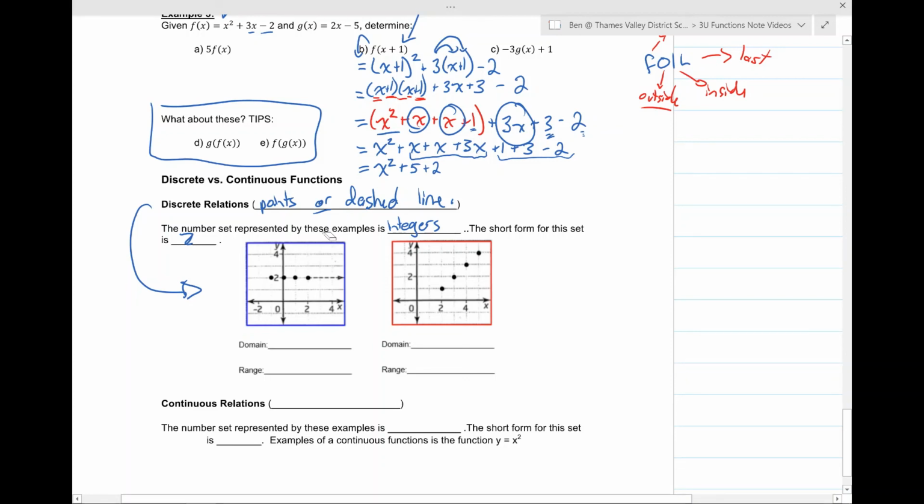And in this case, because this is discrete, meaning it only uses certain values rather than all of the values from a certain number to another number, in which case we would be talking about the real numbers, here we're just talking about integers. So that means we're talking about the number -1 and the number 0 and the number 1, but we're not talking about the numbers in between. So for example, we're not talking about 0.5 or -0.5, and here we're only talking about the integers.